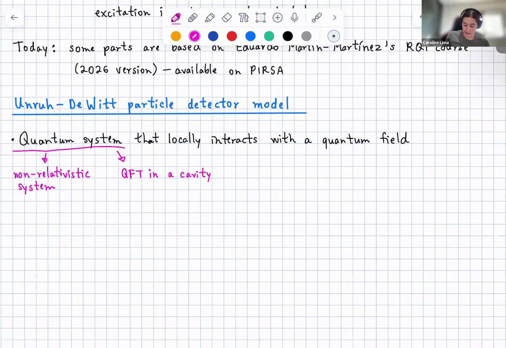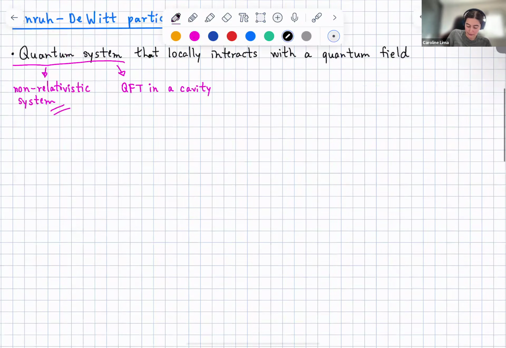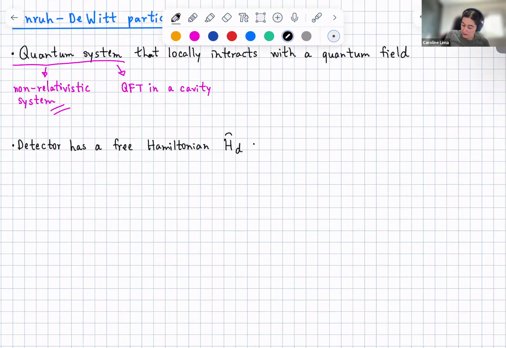Here we're going to stick with this non-relativistic quantum system because it's way more explored in the literature. Now, this detector must have some free Hamiltonian, right? There's a free Hamiltonian, which I'm going to call just H_D.